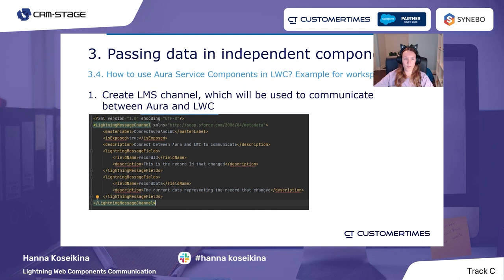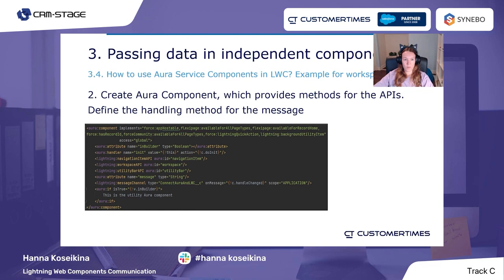What we are passing through the Lightning message service is a record ID and record data, which is the current data representing the record which has changed. I call it connect Aura and LWC message channel.